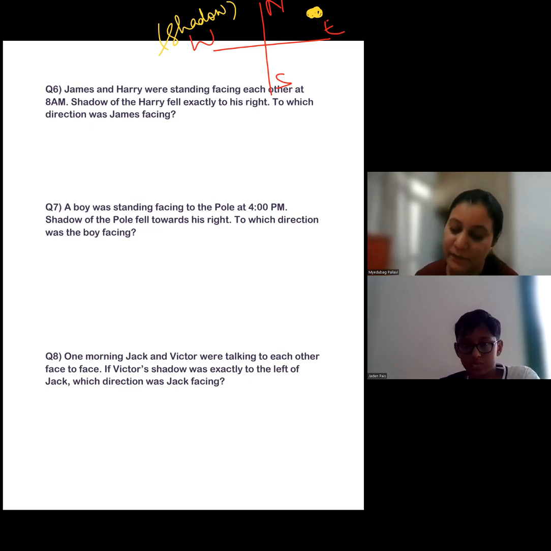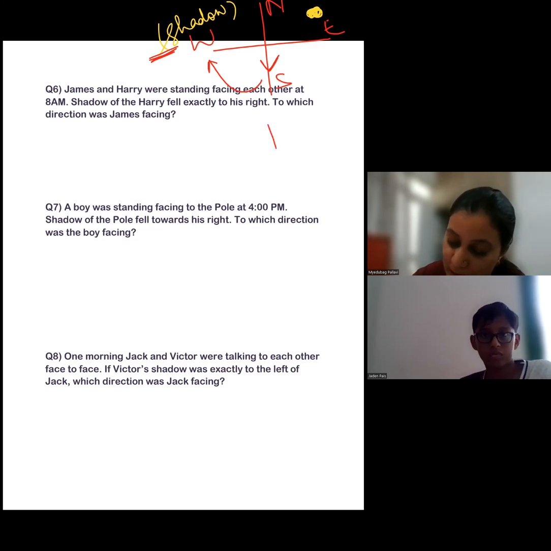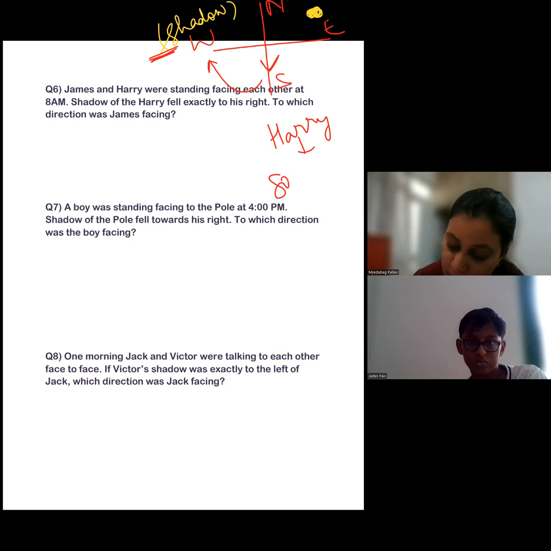James and Harry were standing facing each other at 8 a.m. The shadow of Harry fell exactly to his right. Okay, the shadow is here and the shadow is towards the right of Harry. The shadow will be towards the right only when Harry is facing south. Yes, so we have told it correctly. Harry is facing south, but it is asked about James.